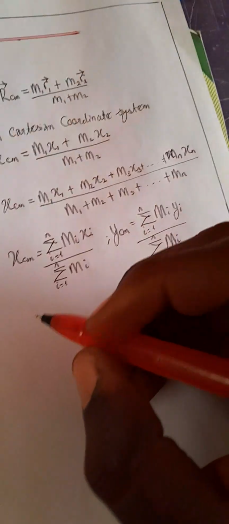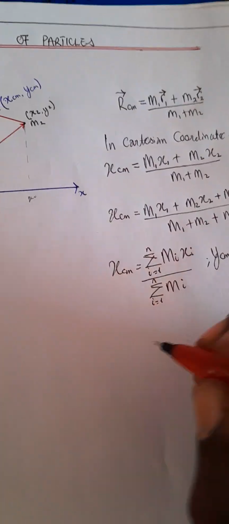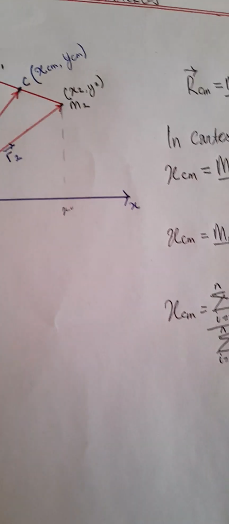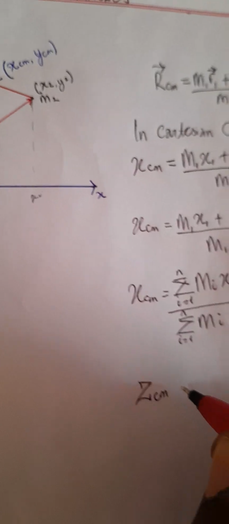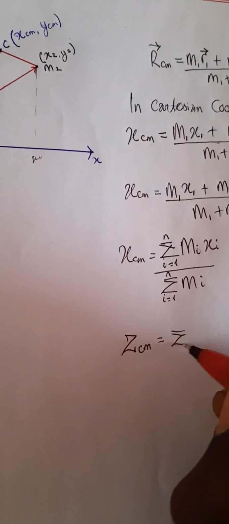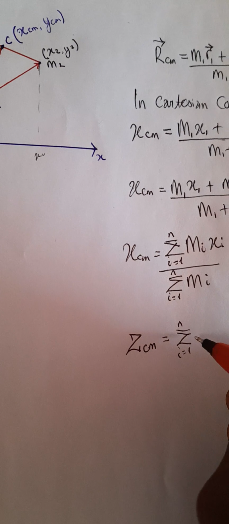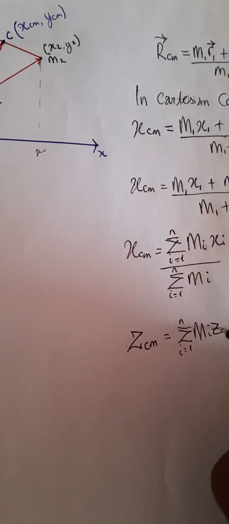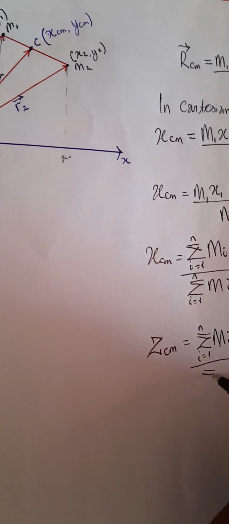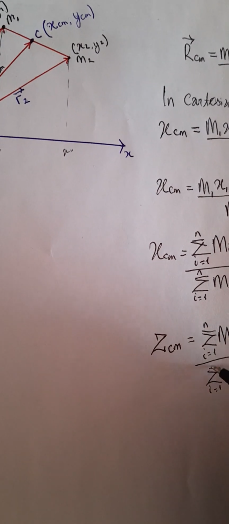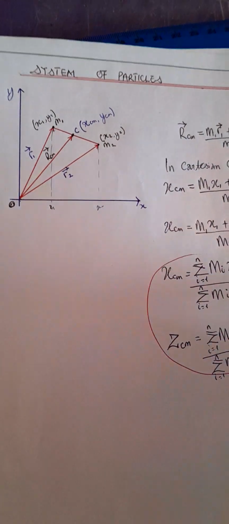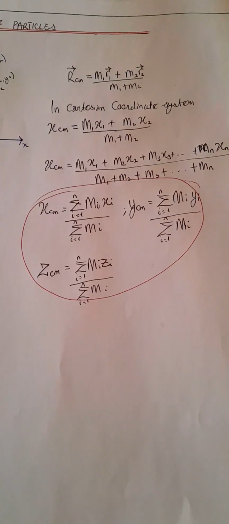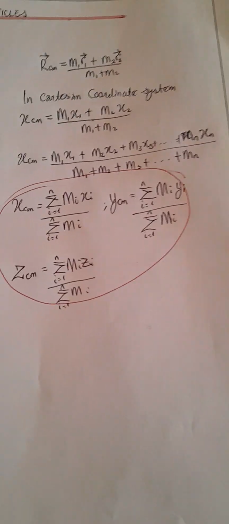The same thing if we have third coordinates, we have zcm. It's just the same thing, summation of mi zi over summation of mi. So these are the general formulas that we'll be using in calculating.